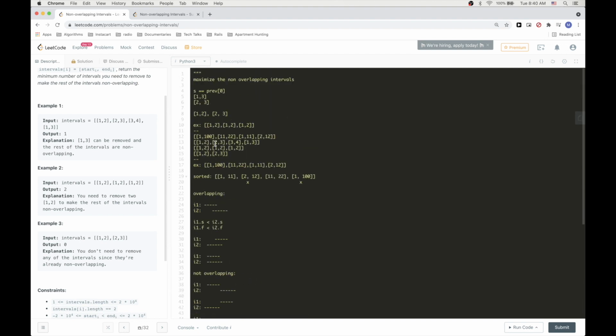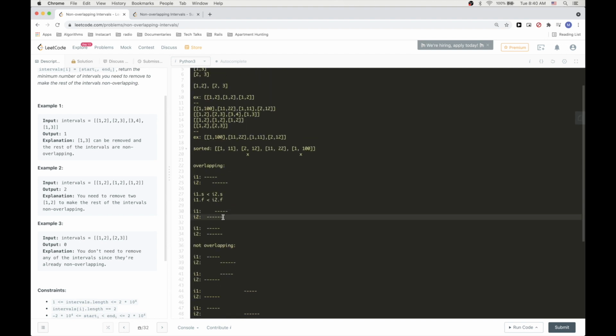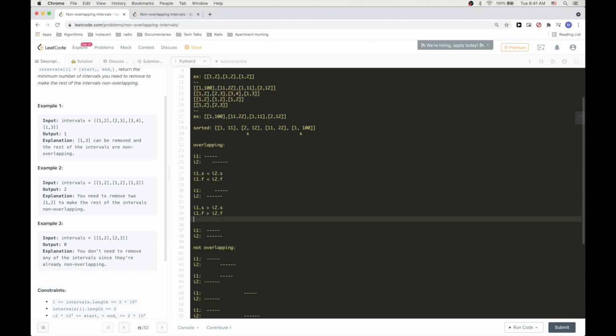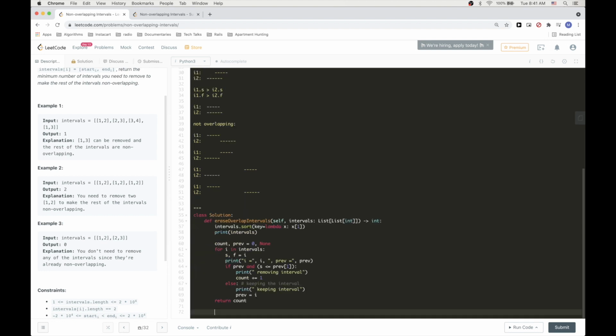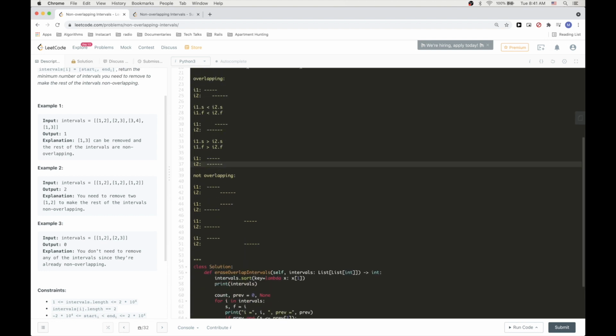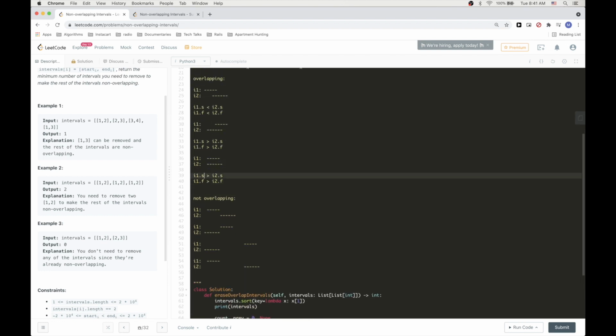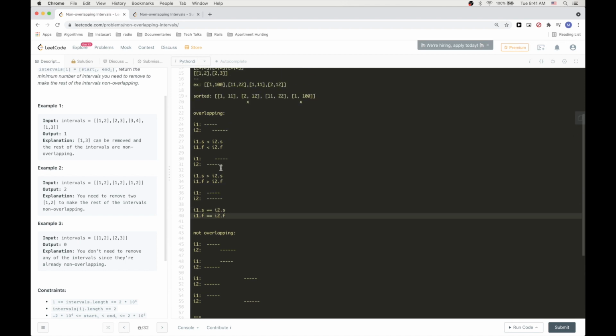This one here, E1 start is bigger than E2 start, and E1 finish is bigger than E2 finish. This one, they are both equal. Okay. Now how can we define a rule with this?